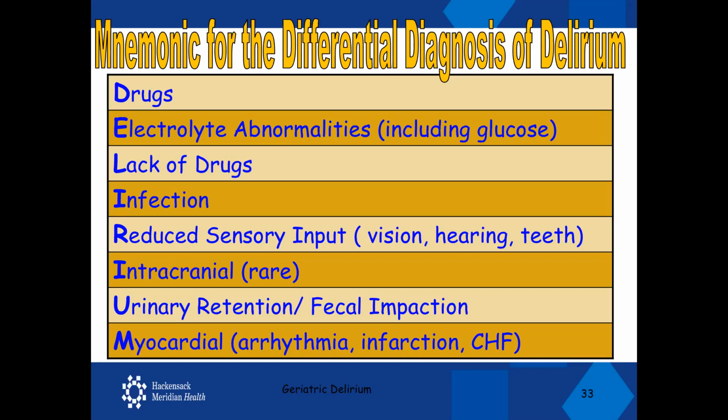And then it kind of gives you all the categories that you should be looking at. And you can see that drugs have definitely made it to the top of the list. So it's either because of drug or lack of drug, both of them. Electrolyte abnormalities we talked about, infection we talked about. It's a quick cheat sheet for you to look at when you're dealing with a patient with acute change in mental status, right?